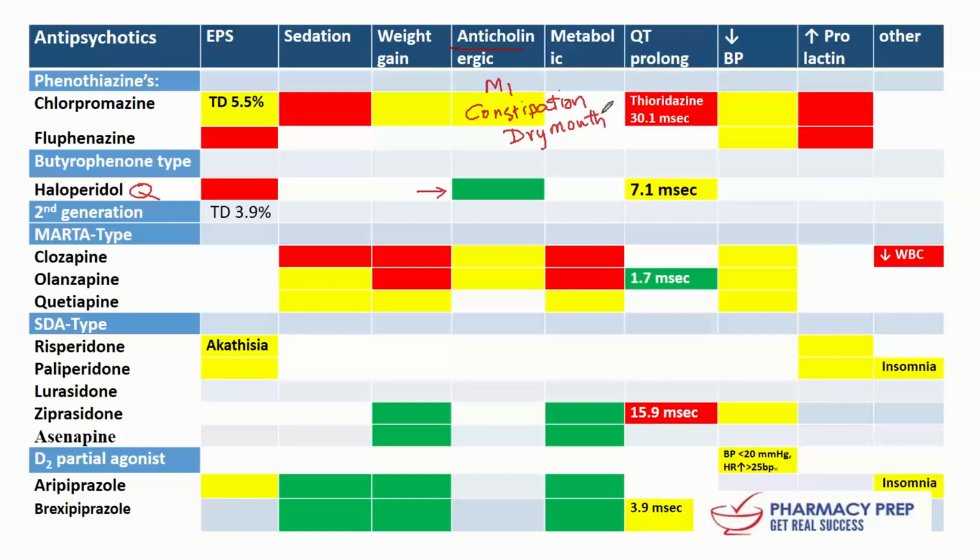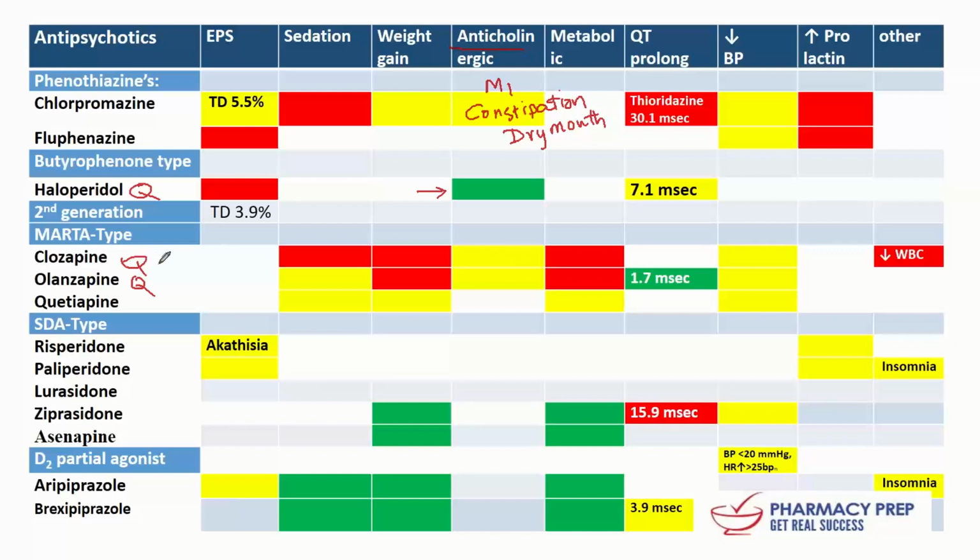If not manageable or tolerable, then you can switch to a drug that has the least anticholinergic side effects. Among the first generation, haloperidol has the least, whereas among the second generation, only these two drugs, Clozapine and Olanzapine, have higher side effects. So you have to keep that in mind.